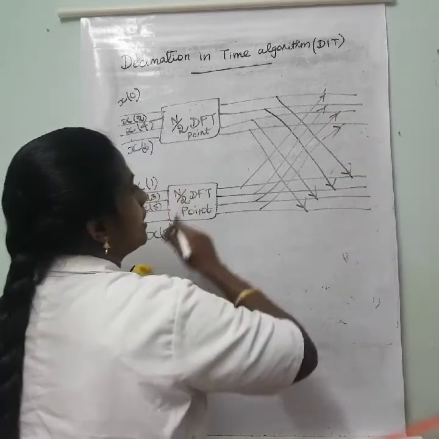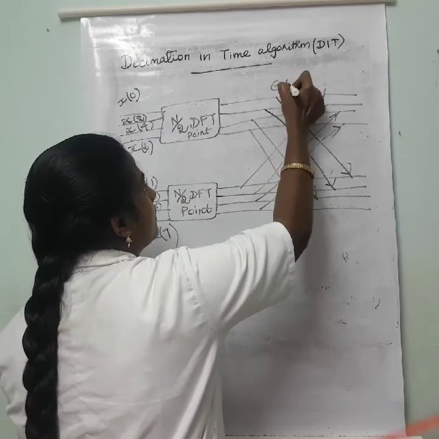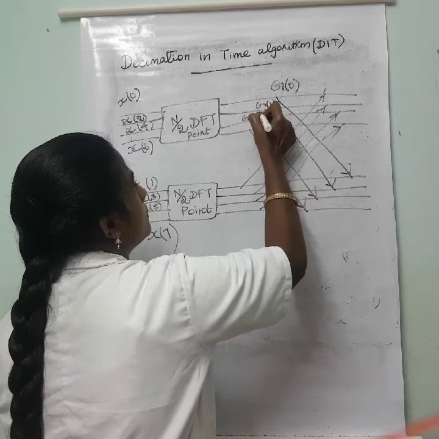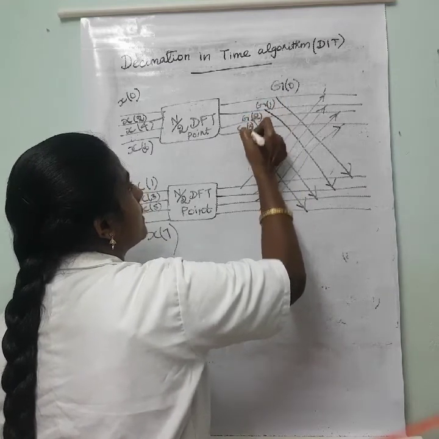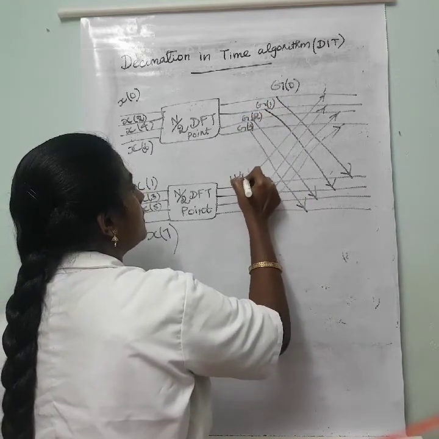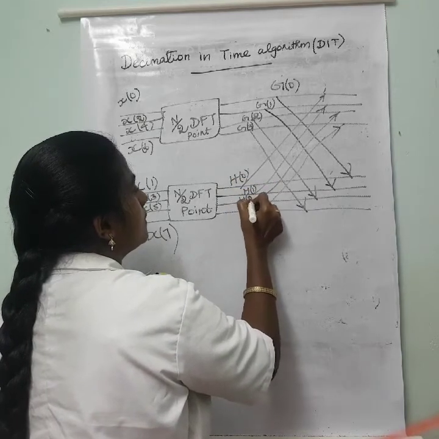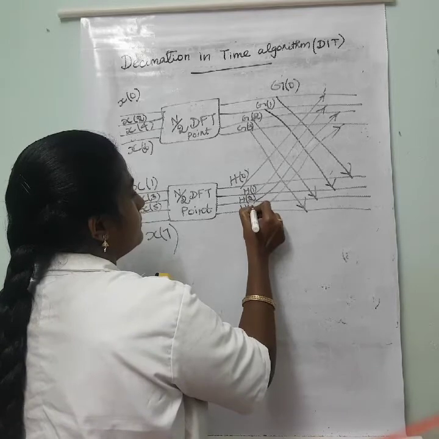Now we can write here g of 0, g of 1, g of 2, g of 3. Here also h of 0, h of 1, h of 2, h of 3.